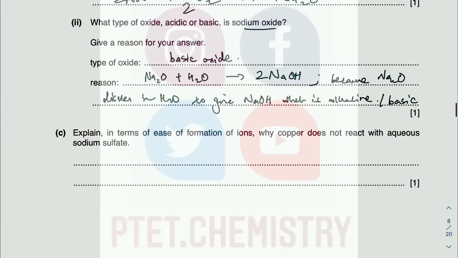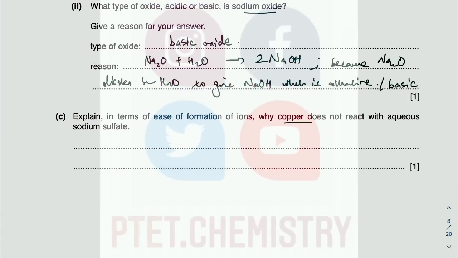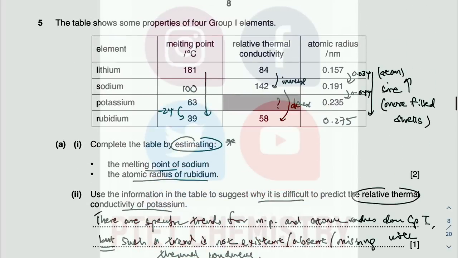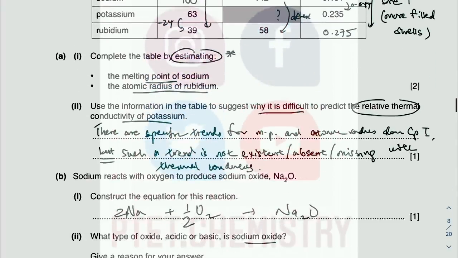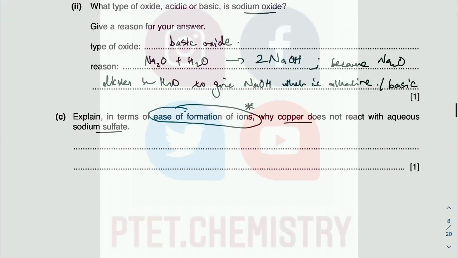That's it. Why doesn't copper react with sodium sulfate, in terms of the ease of formation of ions? Explain in terms of the ease of formation of ions. So have a look at your data here. They don't mention it here. Okay, let's think.